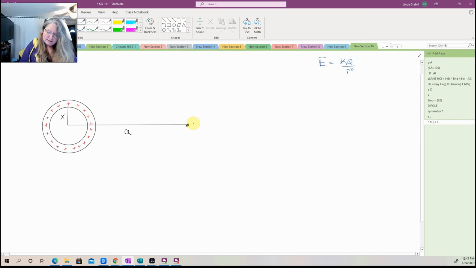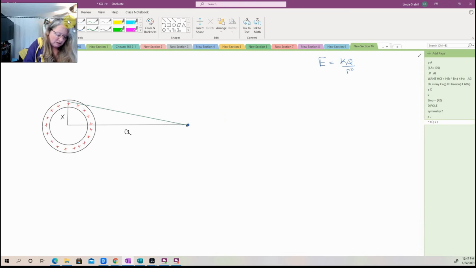So let's think in terms of our E and our KQ and what pieces we can pull out of that. The first thing I look at is r squared, the distance that I want. I'm just making my right triangle there, and using Pythagorean, that seems straightforward: the square root of x squared plus a squared.